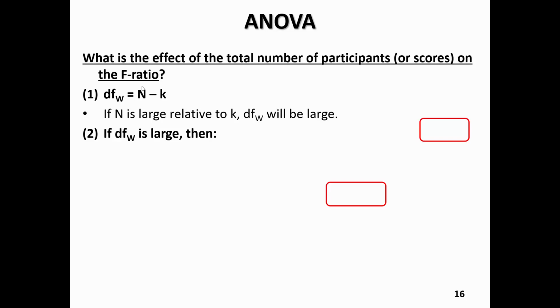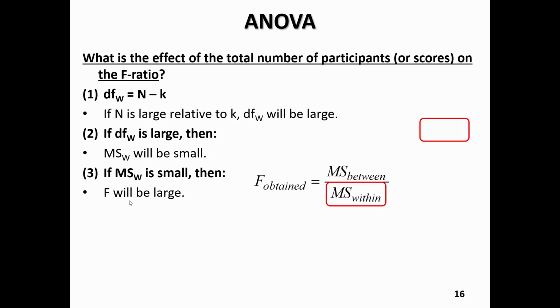Now if that gives us a large degrees of freedom within term, then the mean square, the variance within, will be a small value because the degrees of freedom within is in the denominator of the mean square equation. If the mean square within is small, then the calculated F ratio will be large because the mean square within is in the denominator of the F obtained value.